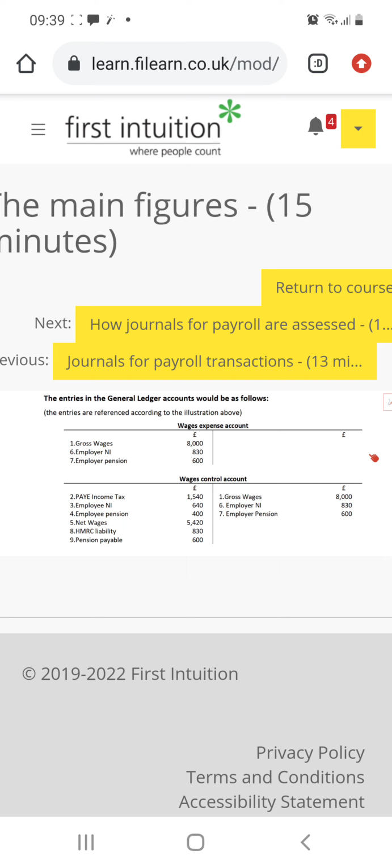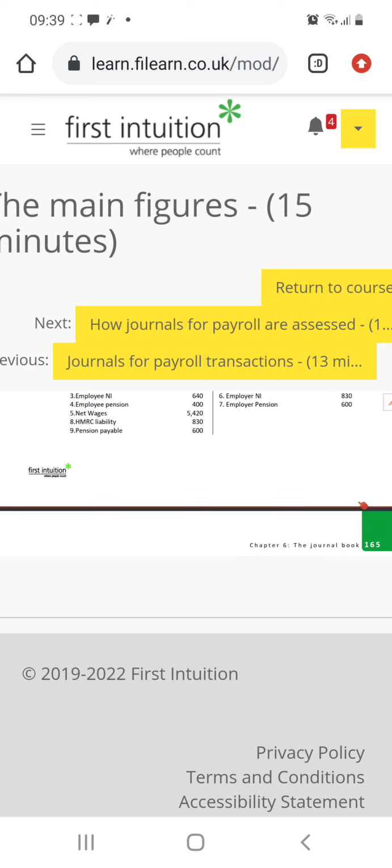You can see here that in the actual wages expense account, i.e. the cost to the business, we do end up with the three things we said should be there as the cost to the business. We do end up with gross wages, employer's national insurance, and employer's pension. And that was what we said previously. That would be the total cost to the business, okay?